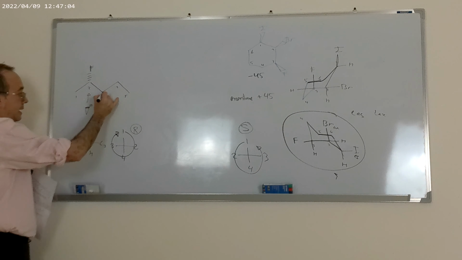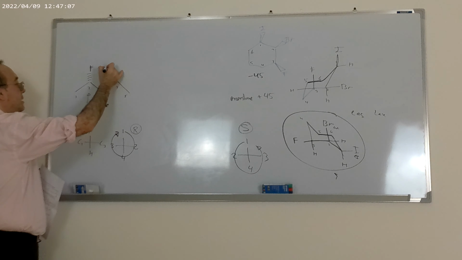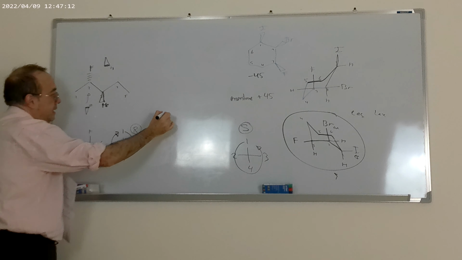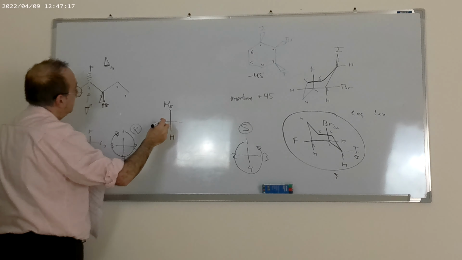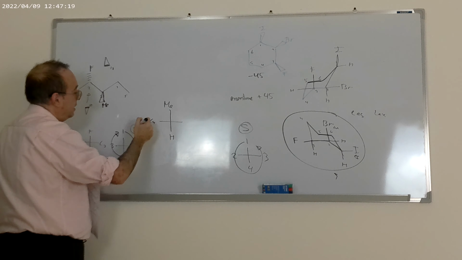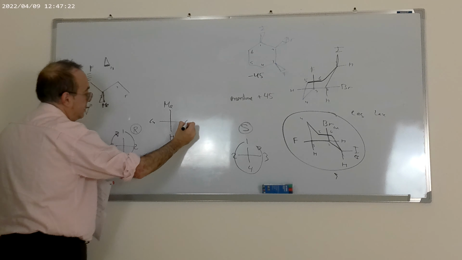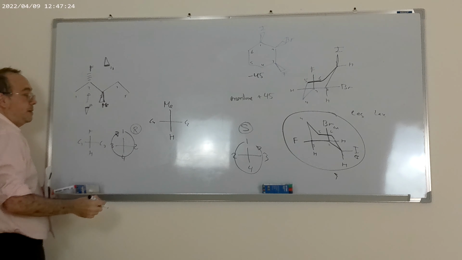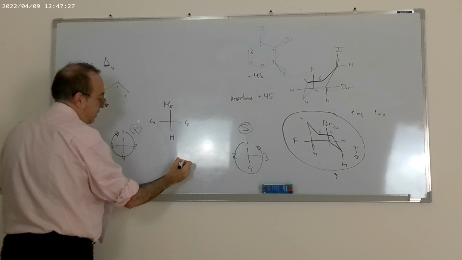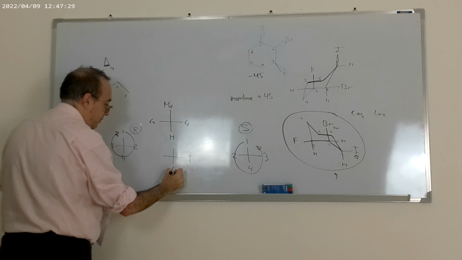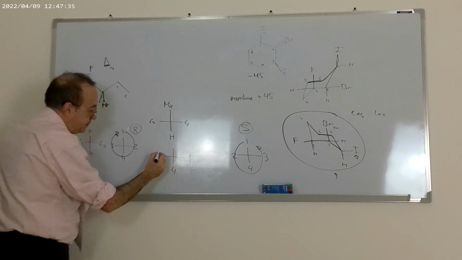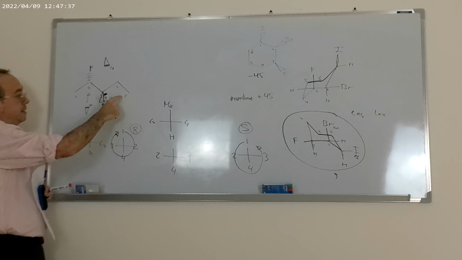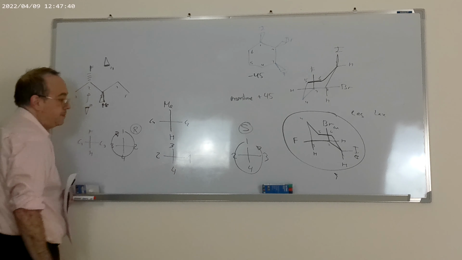I do the same for the methyl. I go in front of us and I see it from here. If I see from here, I have methyl up, hydrogen down, C4 on my left and C2 on my right. If we check the priorities, the C2 will be number 2, C4 will be number 3, sorry, because it's a methyl, and the methyl will be number 3.